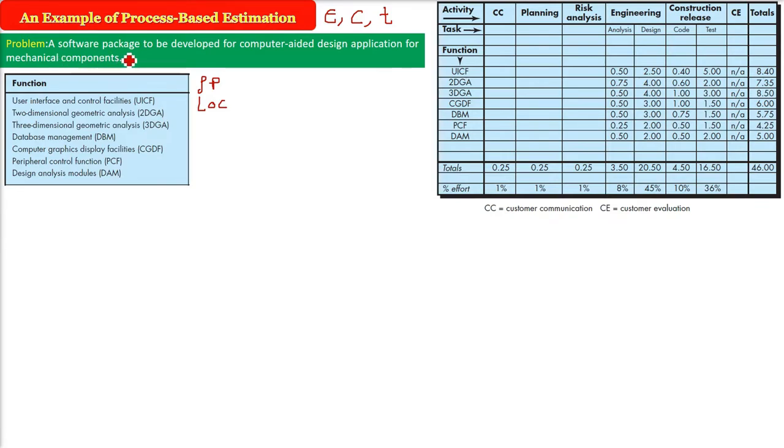So the problem here is that the software product will be a software package to be developed for a computer-aided design application, and this is made for mechanical components. So we have written a scope properly. We have written that into a bounded state. Then we refined it, and finally we came up with the functions. So basically this is the sizing part.